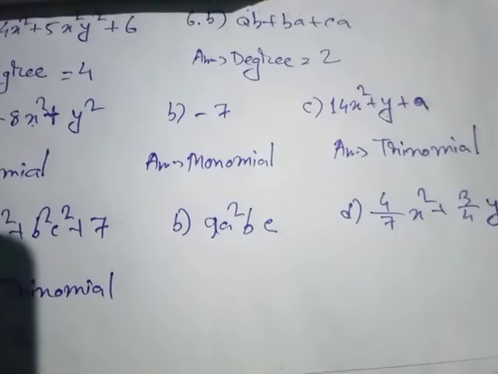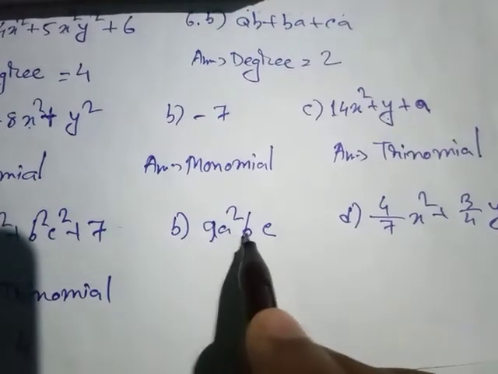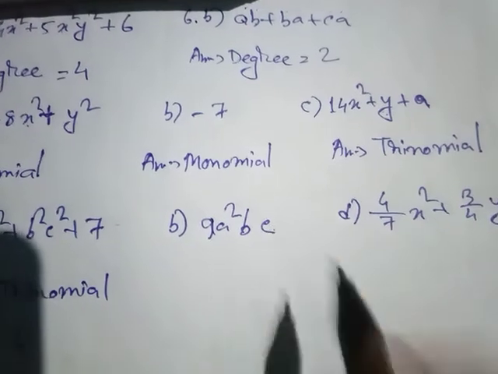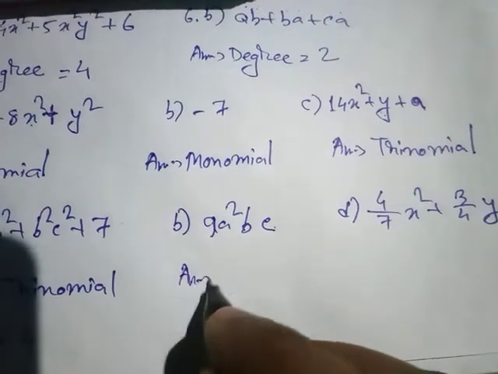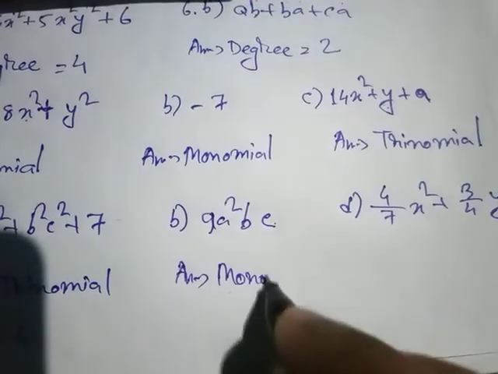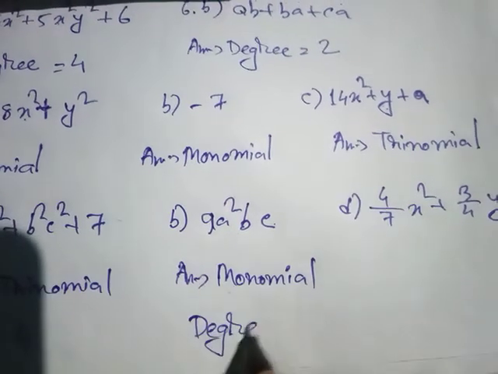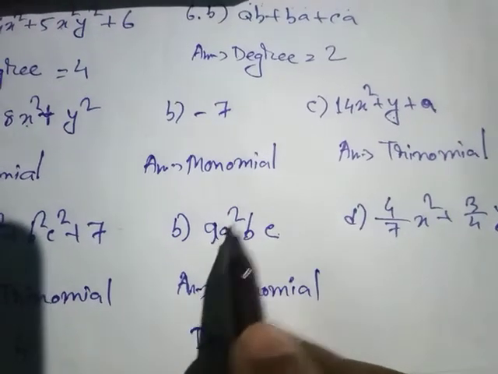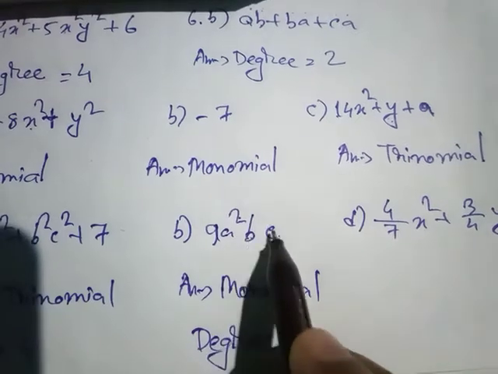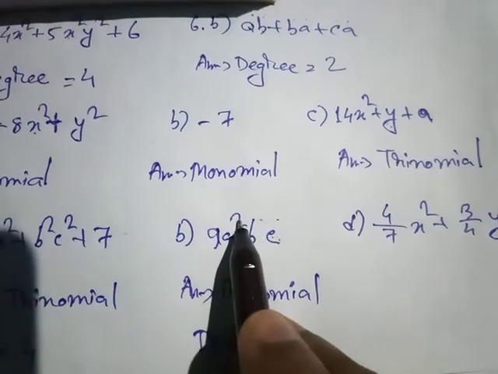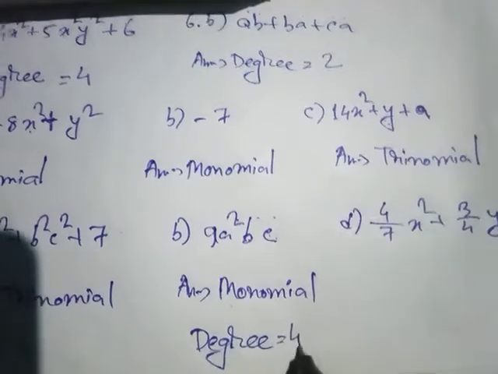Question number B. 9 square bc has only one term, so it is monomial. And we will write the degree. So a square, power is 2, power is 1, power is 1, 1 plus 1, 2, 2 plus 2 is 4, so the degree is 4.